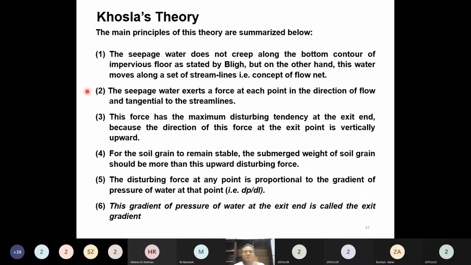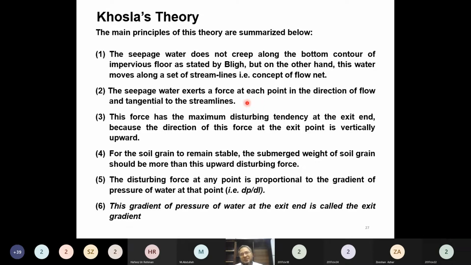Number two, the seepage water, while flowing through the porous medium, exerts a force at each point. In which direction does it exert a force? In the direction of flow. And what would be that direction? That would be tangential to the streamline. So if this is the streamline, at any point if you draw a tangent, that is the direction of seepage force.